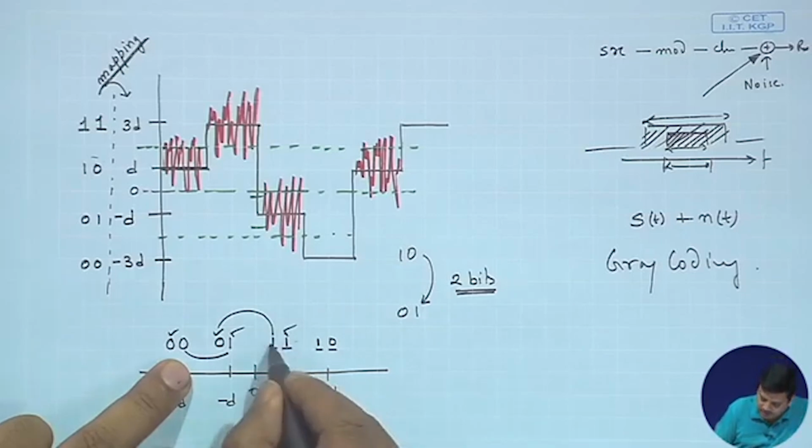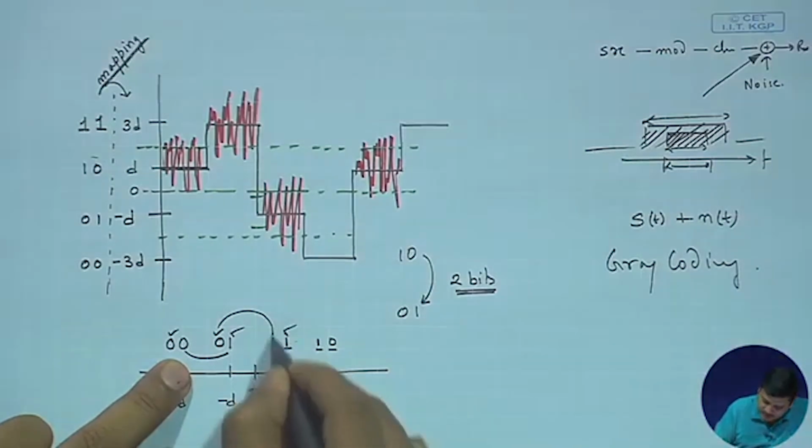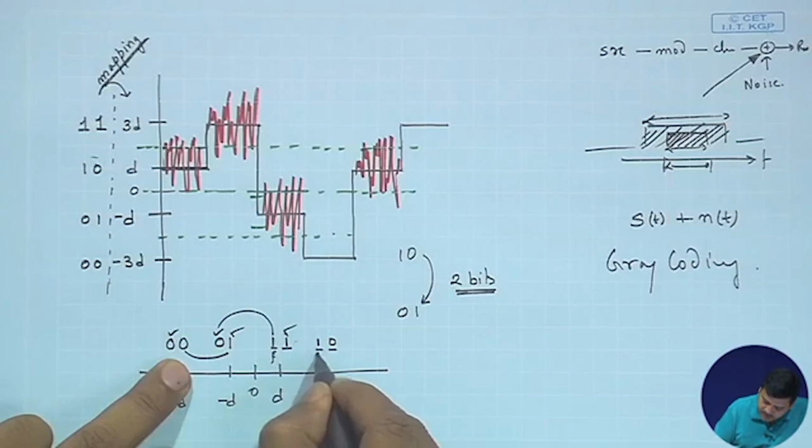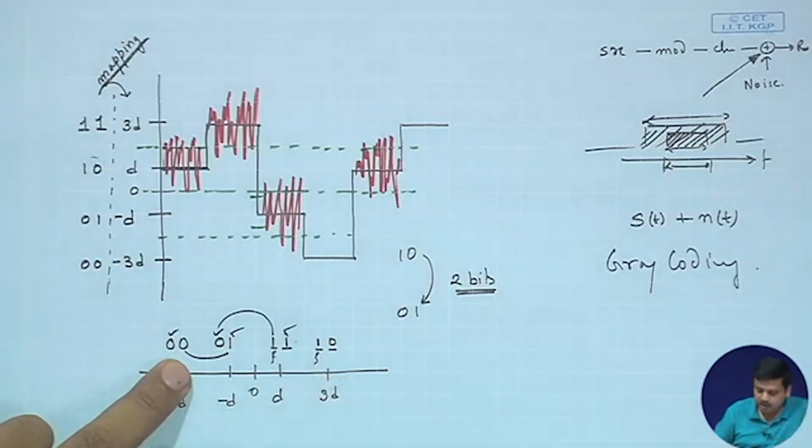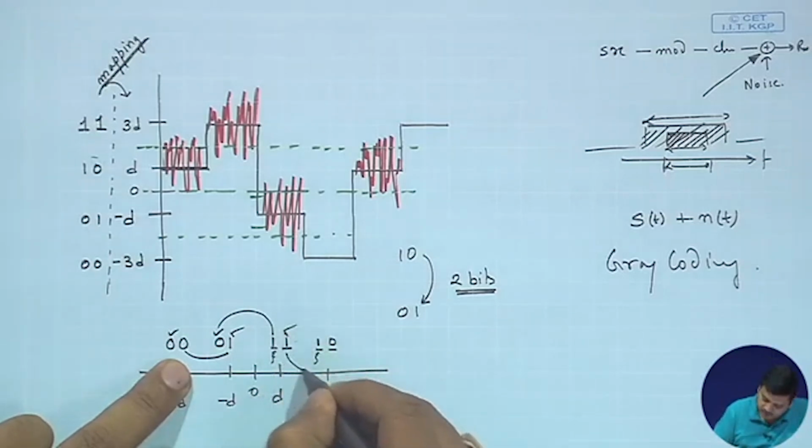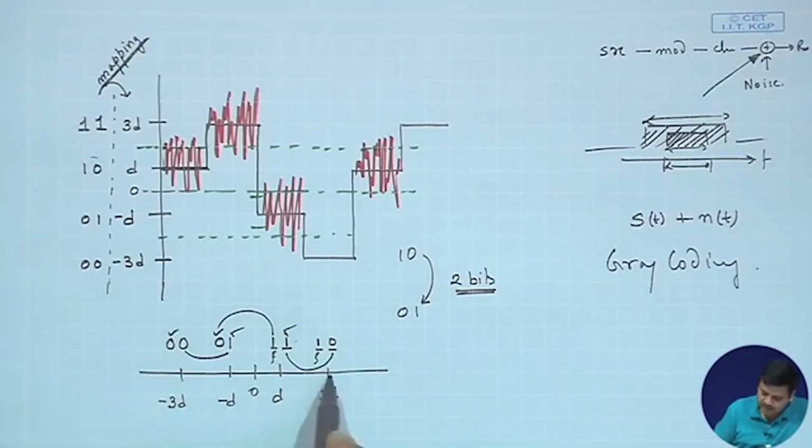And similarly, between this and this, we see that this and this are common, only there is a difference between these two. 3D and minus 3D are not neighbors, we do not need to worry. 3D and minus D are not neighbors, we do not need to worry. This and this are not immediate neighbors, we do not need to worry.